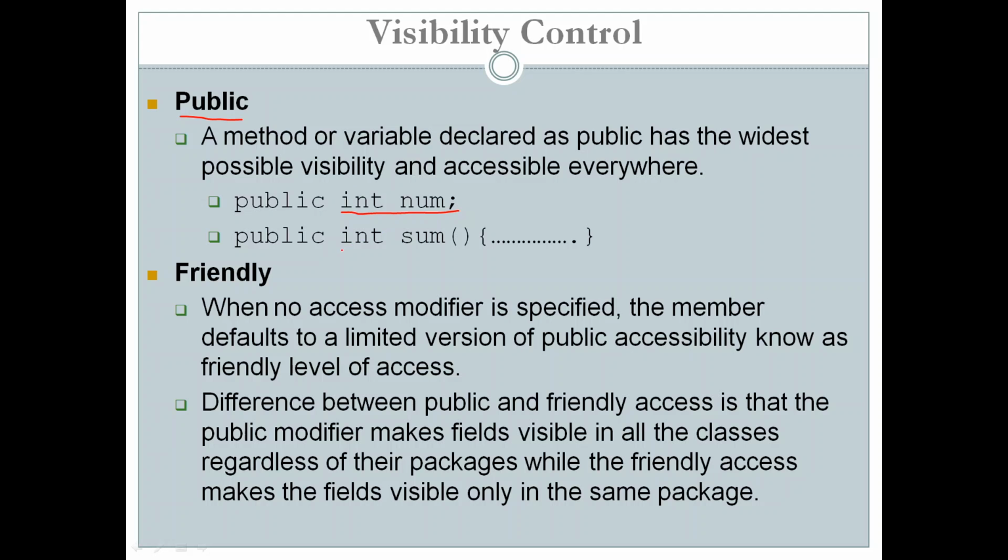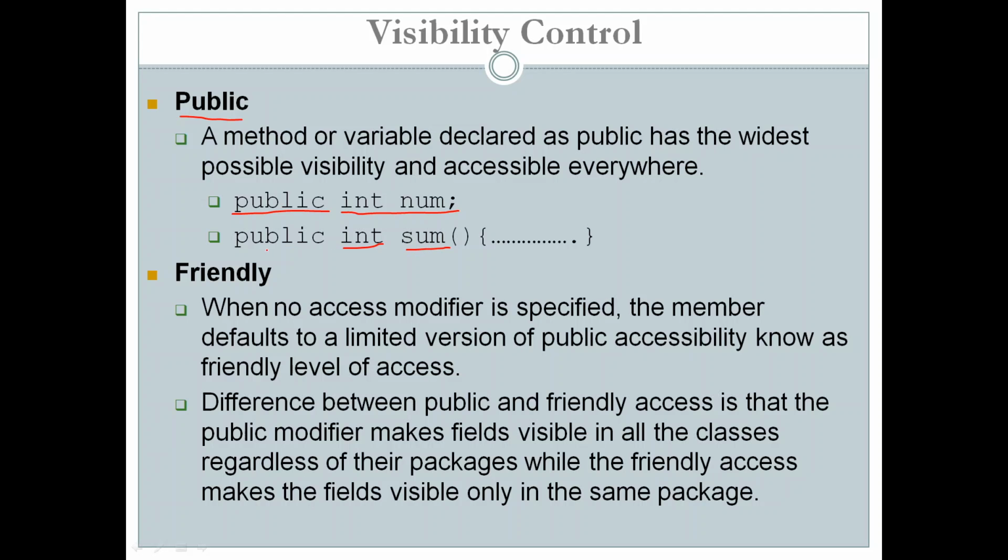Even in case of a method, we have declared it with the return type and the method name. But before the type, we can add a keyword that specifies visibility control, and here we have added the keyword public. That means this variable number is public, which is visible everywhere.